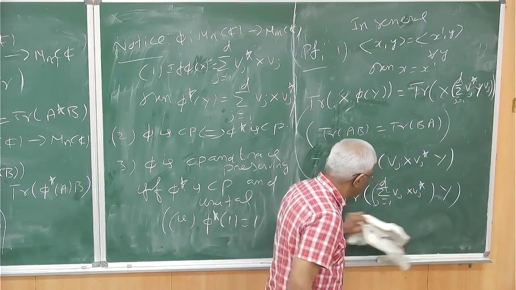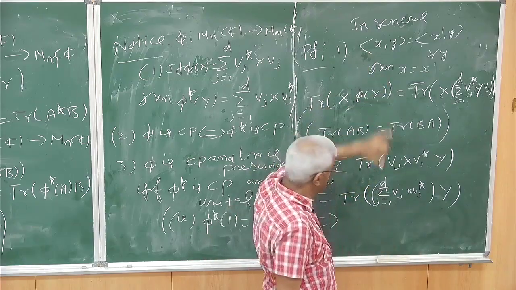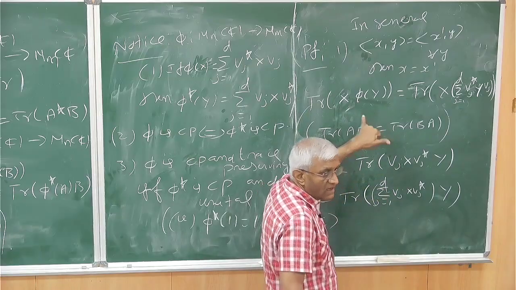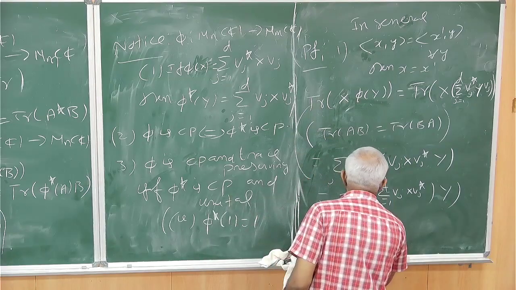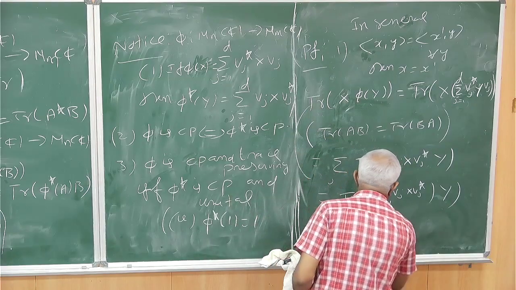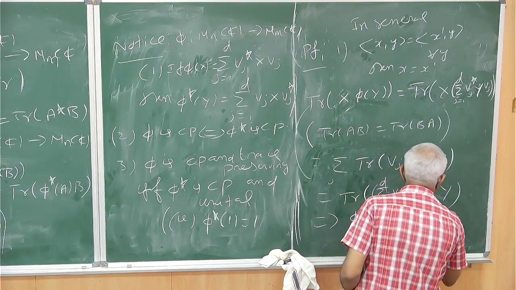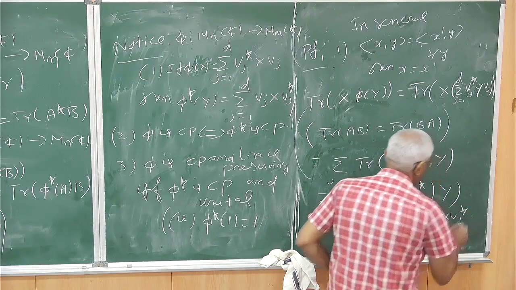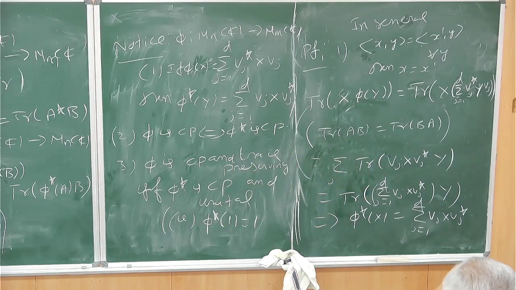Because we are computing the inner product, from this identity it follows that phi star of x is equal to summation j equal to 1 to d of vj x vj star. It just says that v1 up to vd determines phi, then v1 star up to vd star determines phi star. That's all.